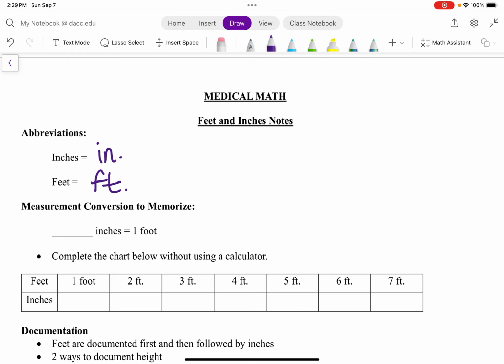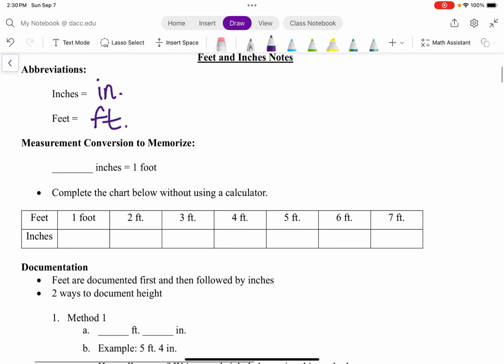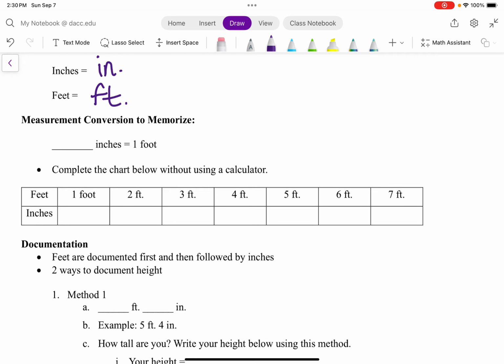Now, as with a lot of things that you're going to be learning here with medical math, there's some conversions that you have to memorize. The first conversion is one you may be familiar with. It is that 12 inches equals 1 foot. If you, back in elementary school days, used one of those wood or plastic rulers, the ruler is usually a foot long and you see the markings on it for 12 inches.